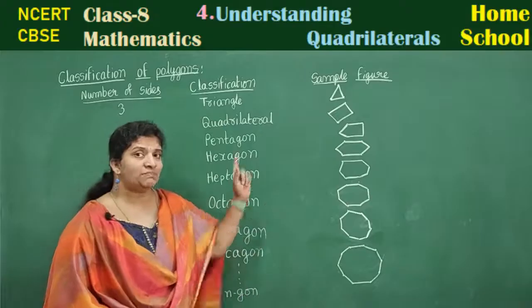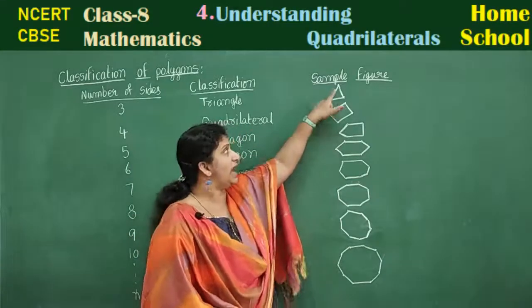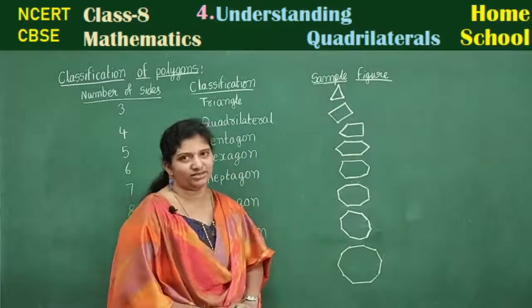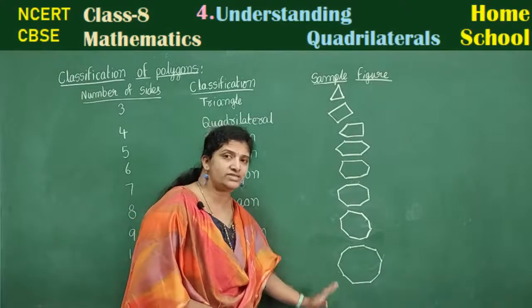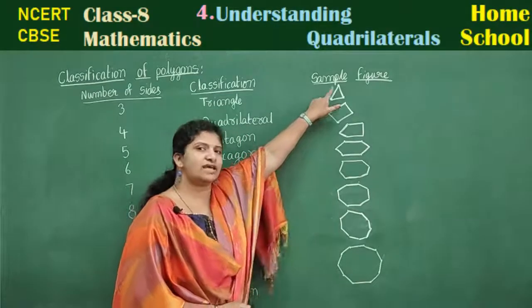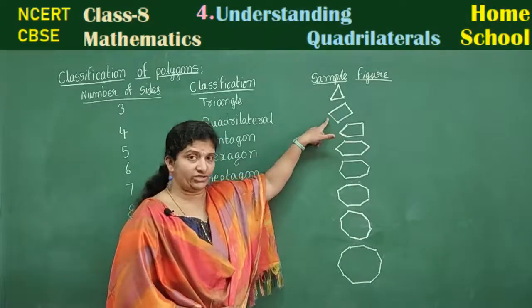How can you see that? It is a simple closed curve with line segments. All these are polygons, and these are all closed curves with line segments. 3 sides, triangle. 4 sides, quadrilateral.